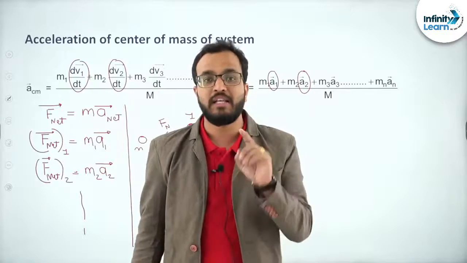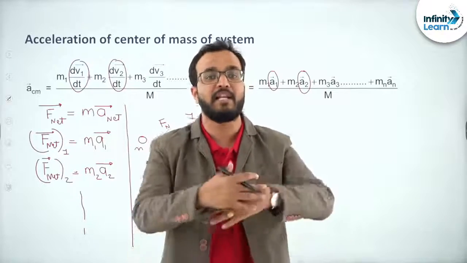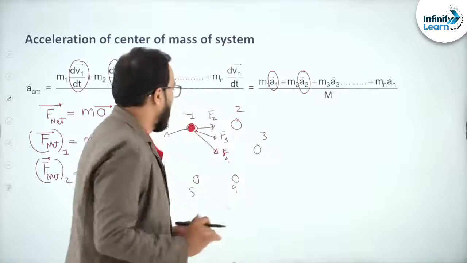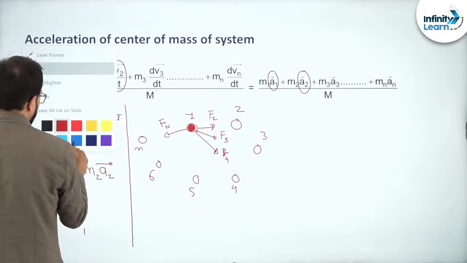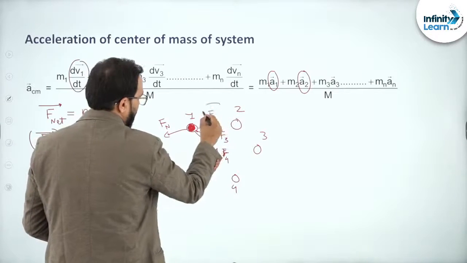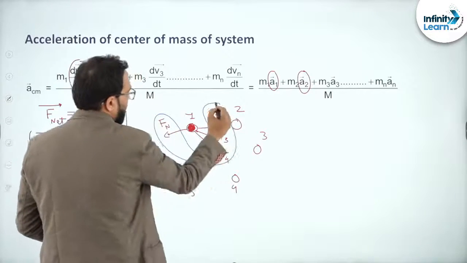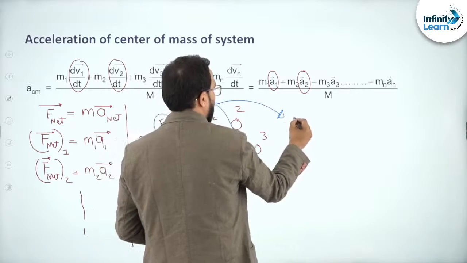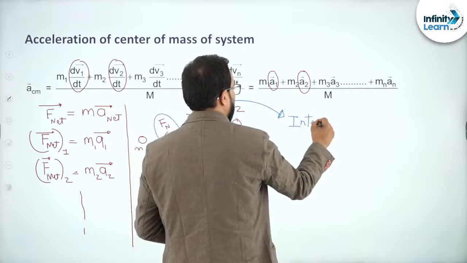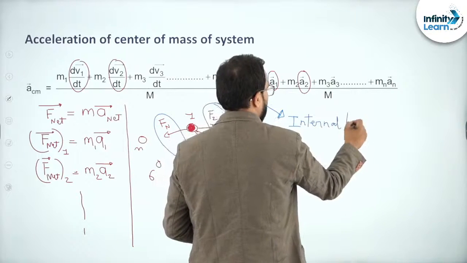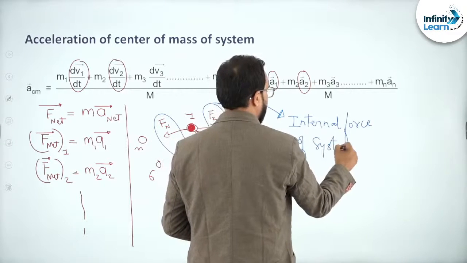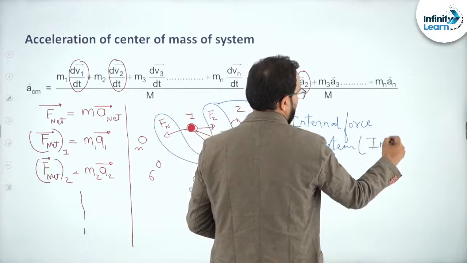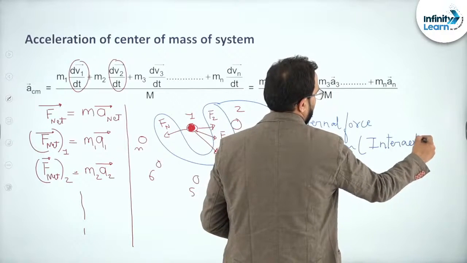These are all the interactive forces with the particles of the system, and I can call them internal forces. All these forces come under the category of internal forces of the system, or I should say interactive or interaction forces.